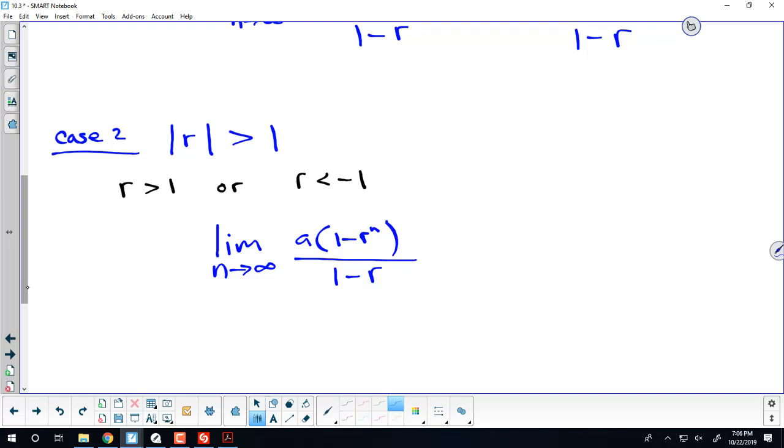It would go off to infinity, right? Because this R to the nth power, it's probably easier to think about them in a positive sense. If that were 2 or 3 or 5 or 10 to the infinite power, this thing is approaching infinity, so the whole thing diverges. So if the absolute value of R is greater than 1, we have divergence.